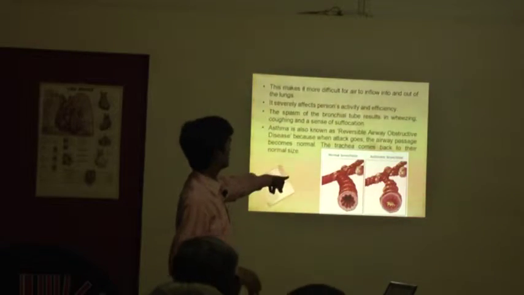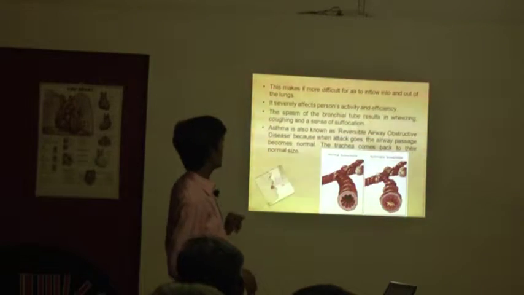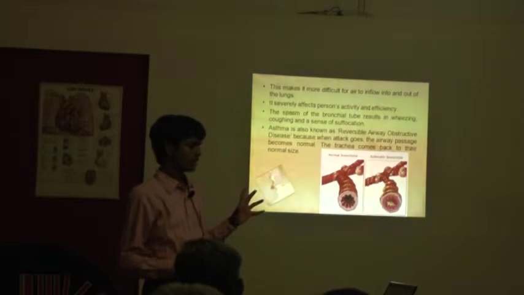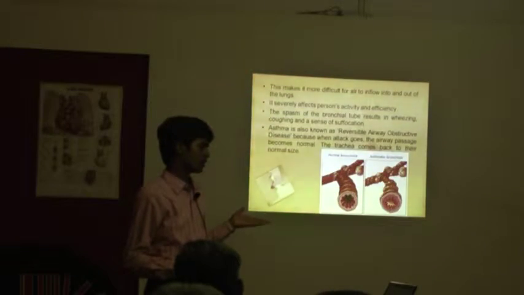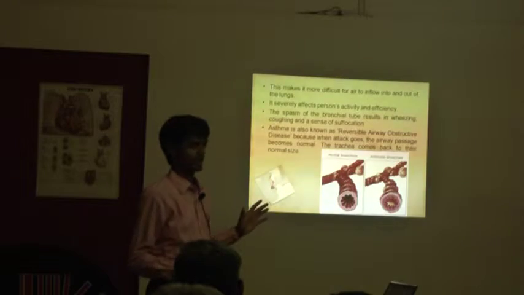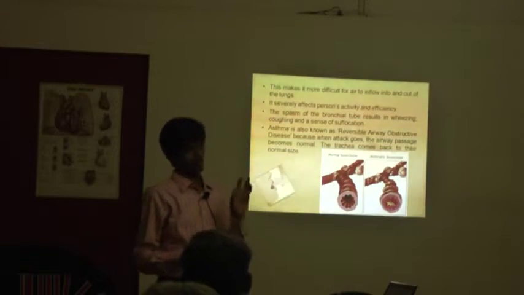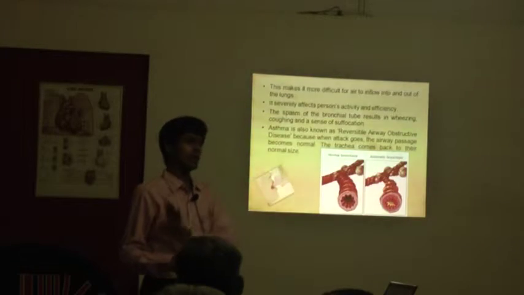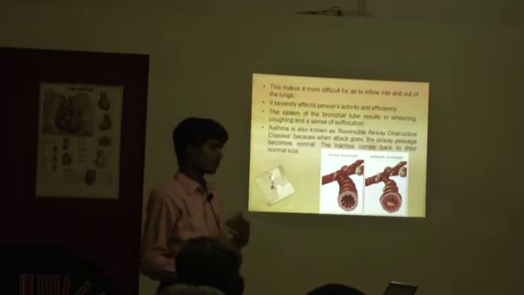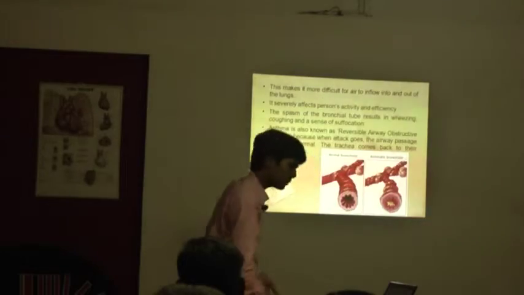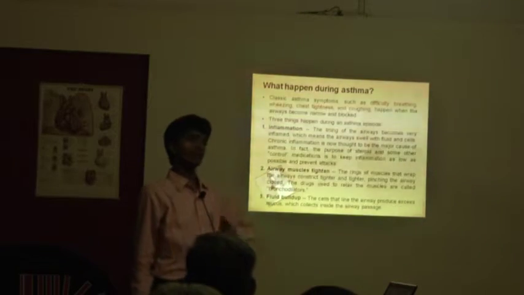So this is exactly what is happening when the attack is there. It is normally a reversible attack. Means if you go away from the allergy or the substance, then you come back to the normal state. But for some people, they are so hypersensitive that it goes on.